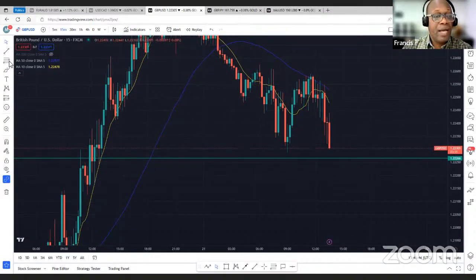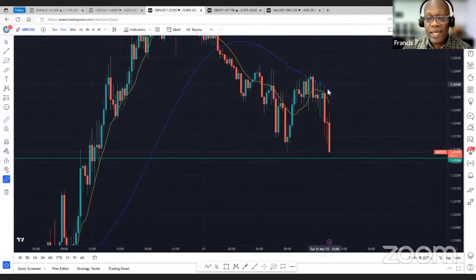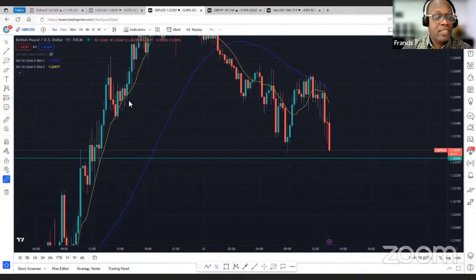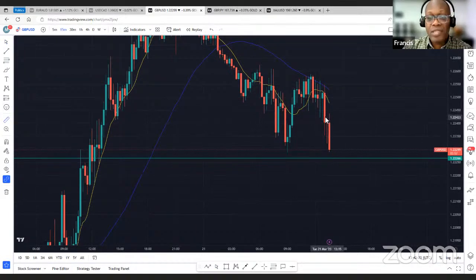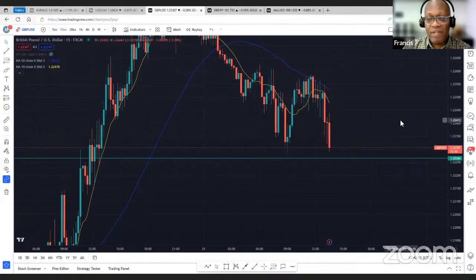So on this pound USD now, this candle is like 19 pips. If you consider this one that closed, it came down, went up, and then the next candle, let's see if it has given or will give 19 pips. Okay, so we see it's giving 12 so far. At least it dropped 12. So that's one thing to have in mind.